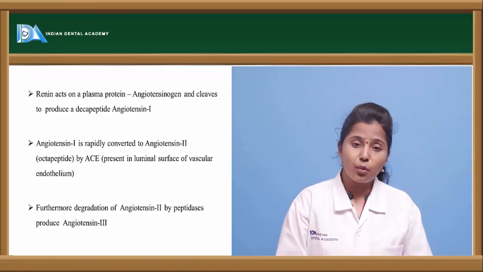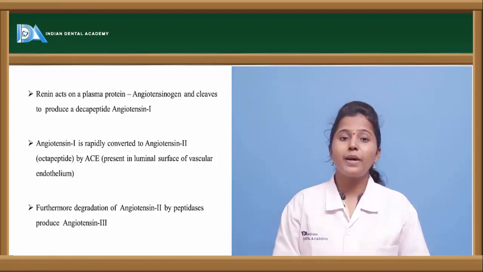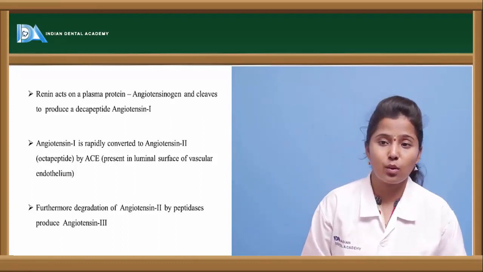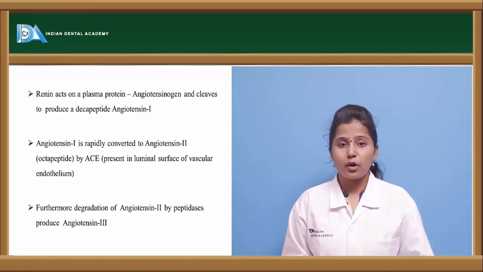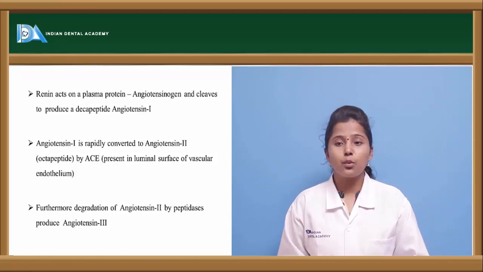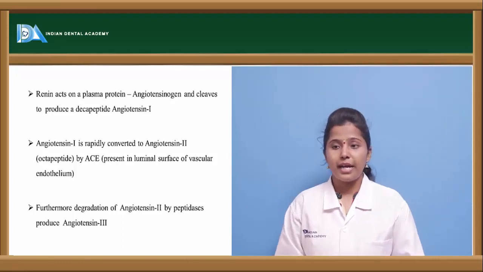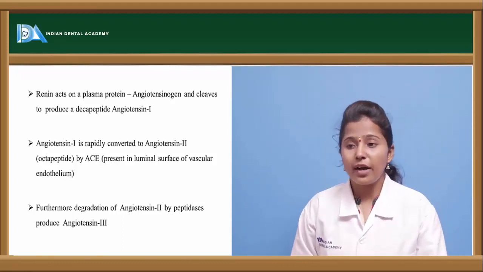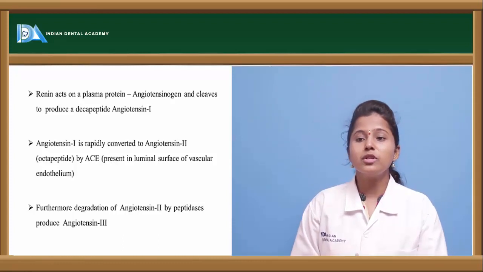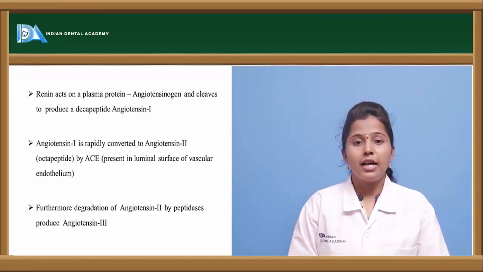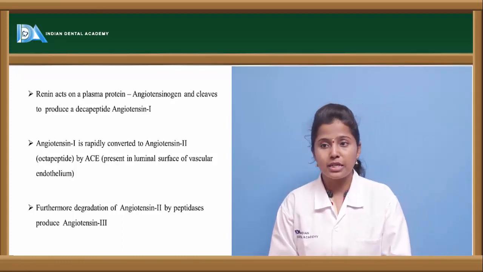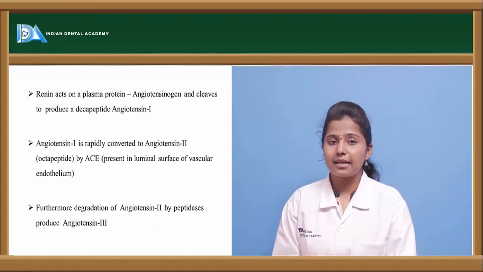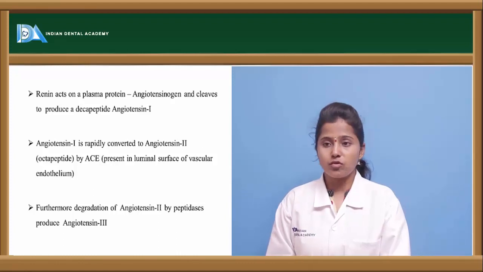When angiotensin 1 is converted to angiotensin 2 by ACE, angiotensin converting enzyme, it causes a blood pressure increase because angiotensin 2 is a potent vasoconstrictor. Furthermore, degradation of angiotensin 2 by peptidases produces angiotensin 3, which is the inactive product.